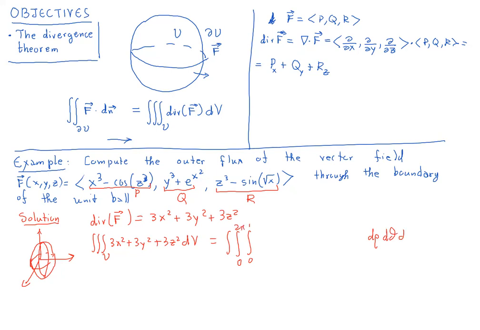And phi has full range because we have the region above the xy plane and equally below the xy plane, so 0 to pi. Now, in spherical coordinates, x squared plus y squared plus z squared is rho squared. So we will have a rho squared, and we need to multiply by the Jacobian, which is rho squared times sine phi.